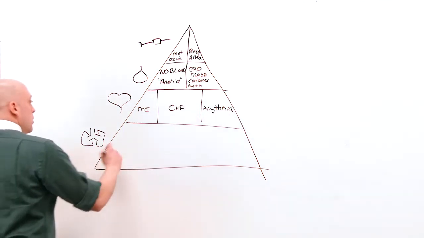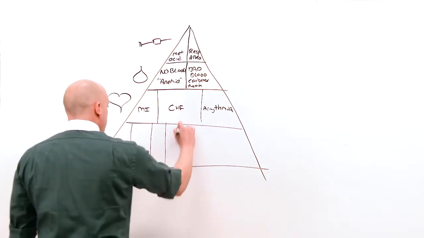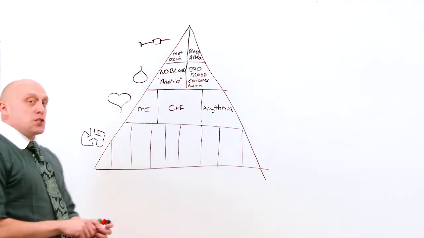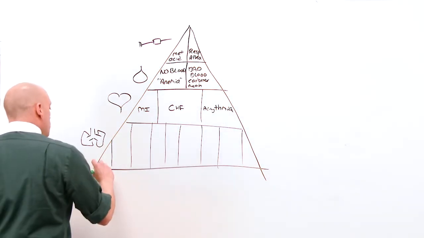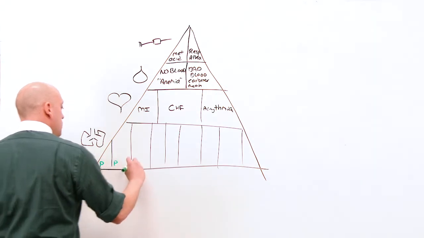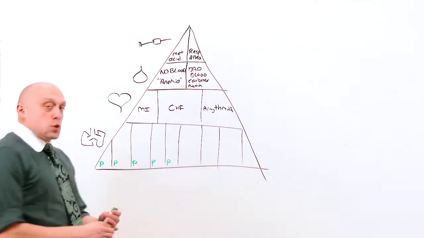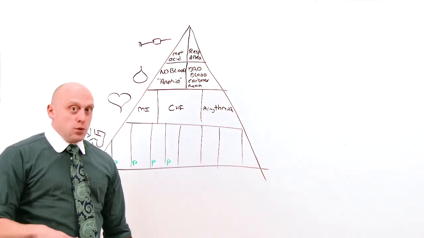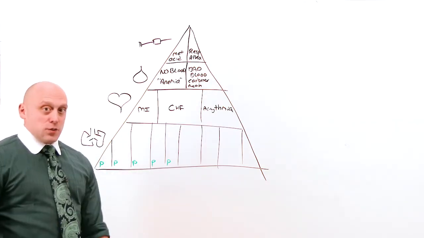But this is a way of initially approaching someone's complaint to narrow down where you should be looking. Now, the last row is plentiful, and it's the pulmonary row. In the chest pain approach video, we talked about those things that are in contact with the pleura causing pleuritic chest pain. Those things can also cause shortness of breath. And if they have dyspnea with a pleuritic chest pain, that significantly narrows down your differential.